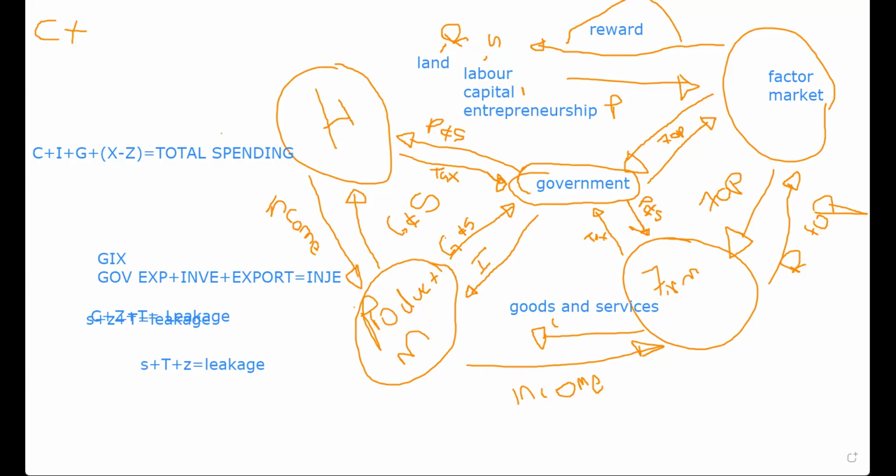And then financial institutions in the circular flow of income and spending. So here's the financial sector. The households save in the financial sector, the financial sector provides investment to the firms, and the firms also save in the financial sector. The money flow of saving is shown from the household towards the financial markets.